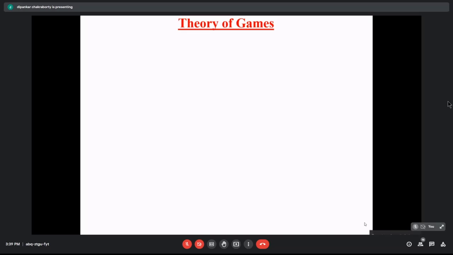Now, obviously, different kinds of games are there, and we can develop different kinds of game theory. But what we have in your syllabus is that when the gain of one player is exactly equal to the loss of the other player, then the sum of the gain and loss is equal to zero. And this type of game is called a zero sum game.